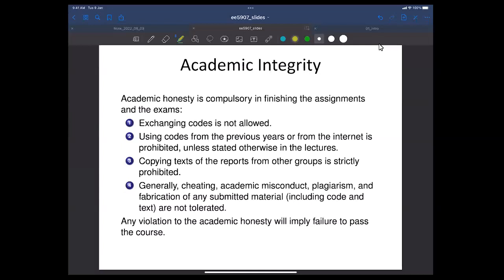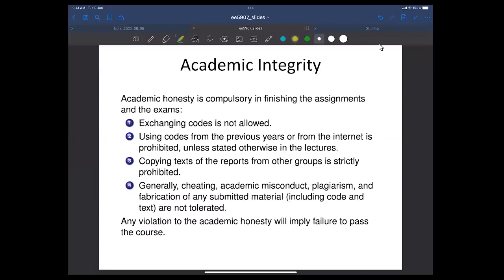Last year, we had a big problem. About 10 students cheated, and some of them were expelled from the university. So please don't do that. The risk is so high.